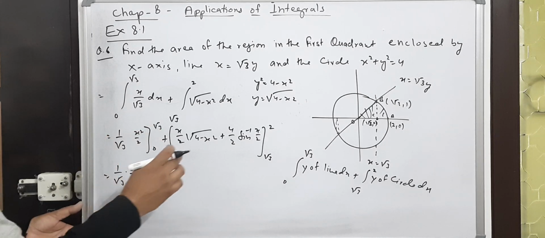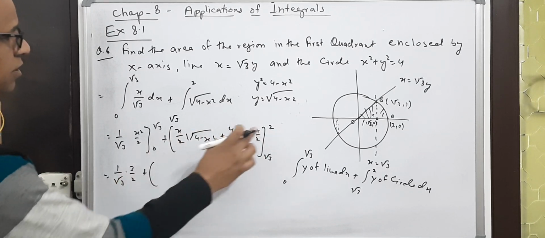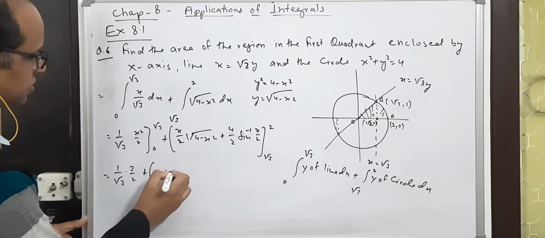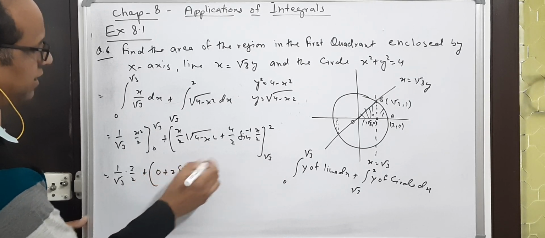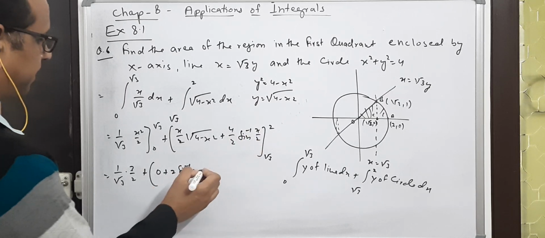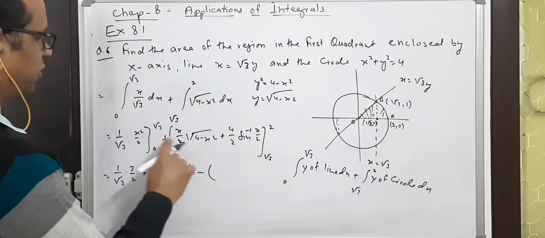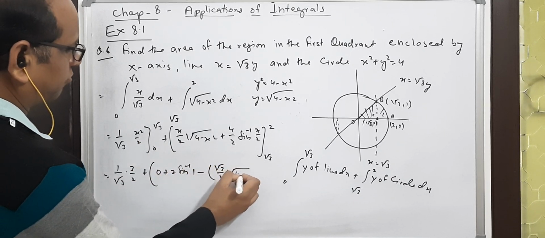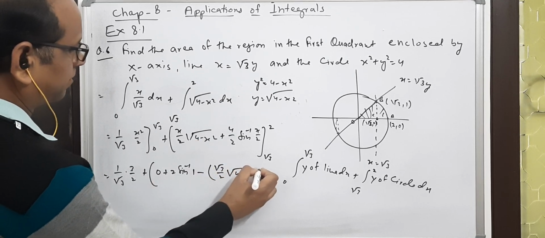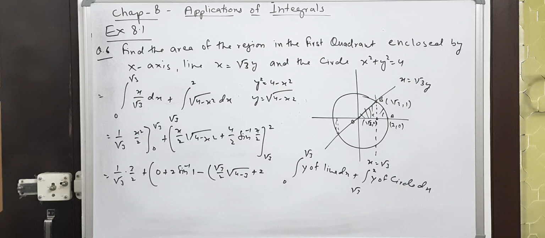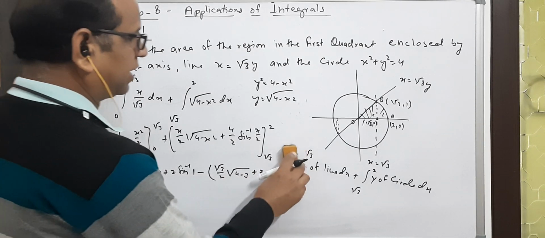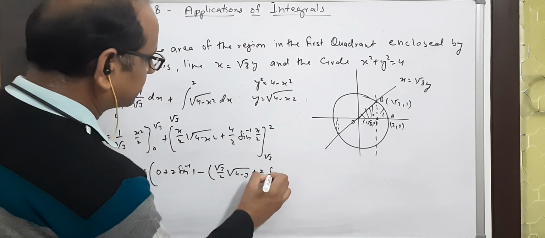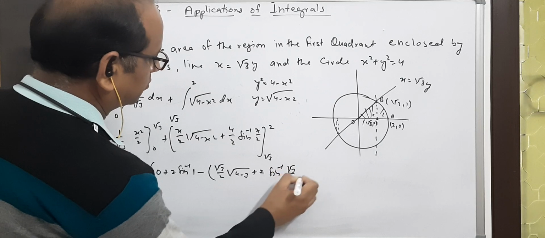Now second part, you see, when you put x equals 2 here, this component will be 0 plus 2 sine inverse 1, minus, when you put x equals root 3, it is root 3 by 2 and 4 minus 3, plus 2, please see this part nicely, I am not in a hurry, plus 2 sine inverse root 3 by 2.